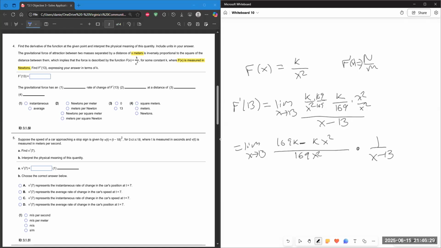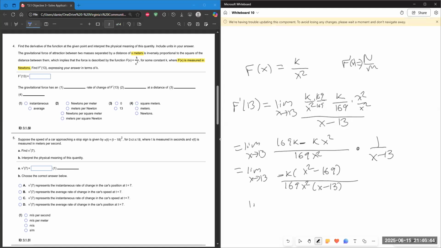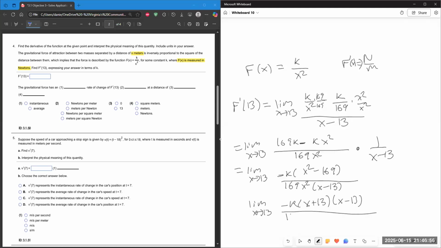So I want to factor out a negative k from the top. Make that x squared minus 169 over 169x squared times x minus 13. The limit as x goes to 13 of negative k times x plus 13 times x minus 13 over 169x squared times x minus 13.